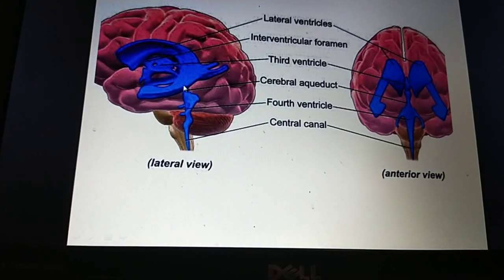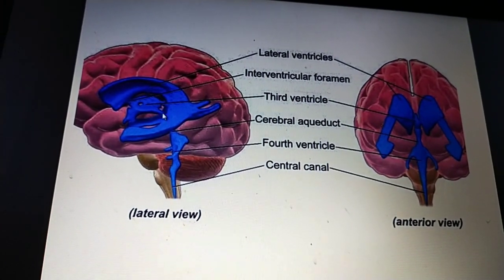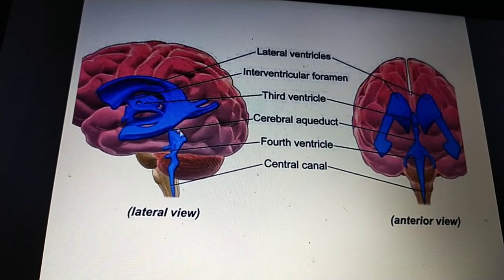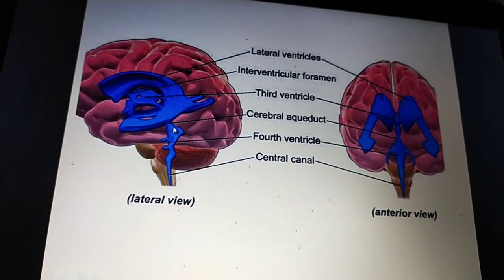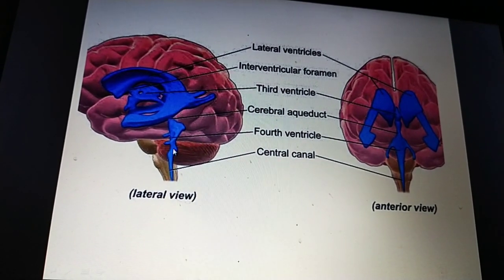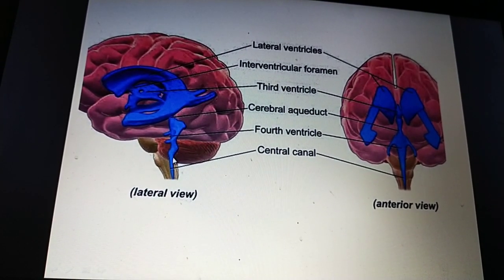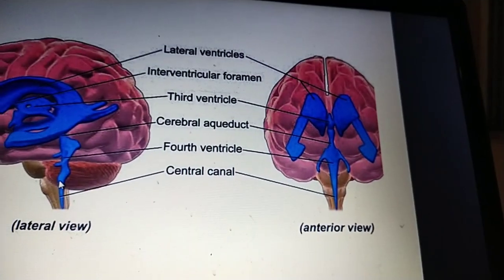The third ventricle connects to the fourth ventricle by the cerebral aqueduct, which is present here, and this is the fourth ventricle. The fourth ventricle continues with the central canal in the spinal cord.